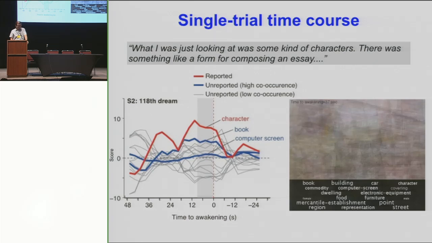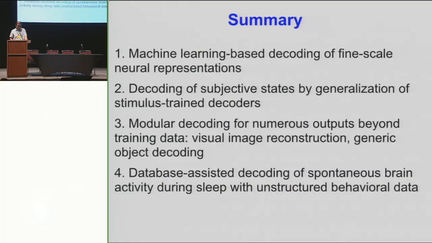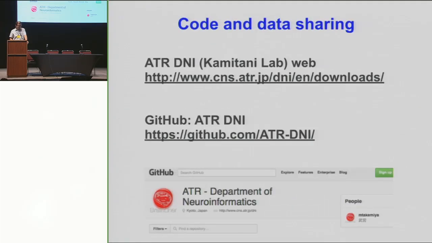Okay, so I'm running out of time. So this is just a summary, and finally I'll introduce our code and data sharing site. This is the portal for our site, and here we have many projects, codes, and raw data.